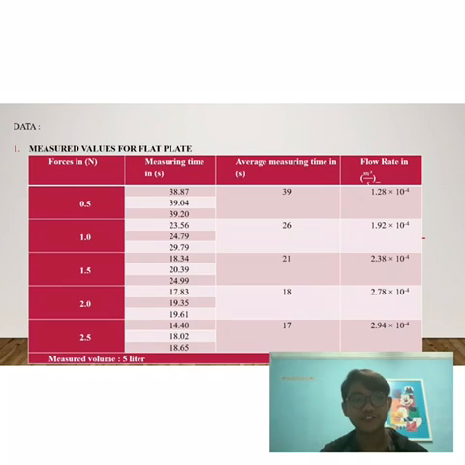The average measuring time is in seconds, and the flow rate unit is meter cube per second. If we want to get the flow rate, we must convert the measured value given in the data, which is liter, to meter cube.